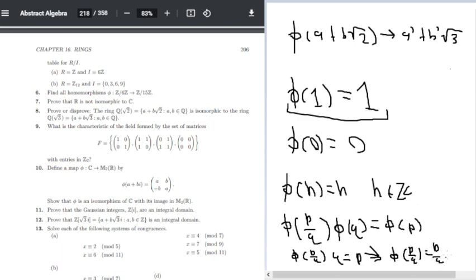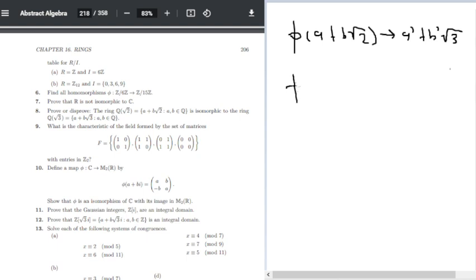So this is a way of showing that an isomorphism fixes the rationals. So this is a way of showing that phi of a plus 0 square root of 2 is equal to just a in that field.